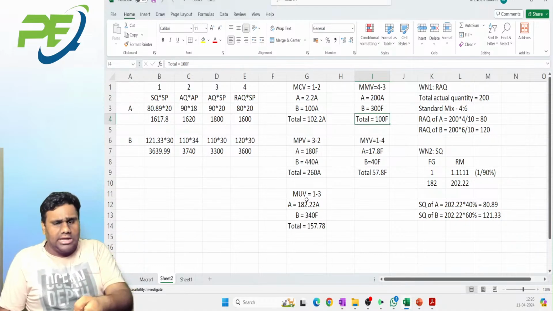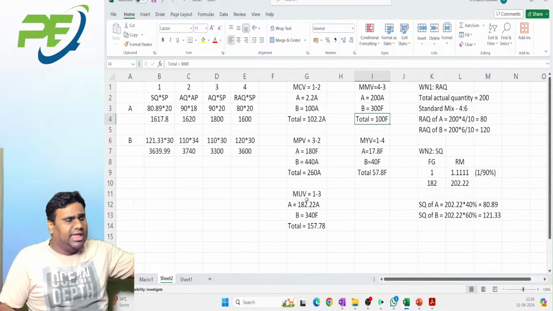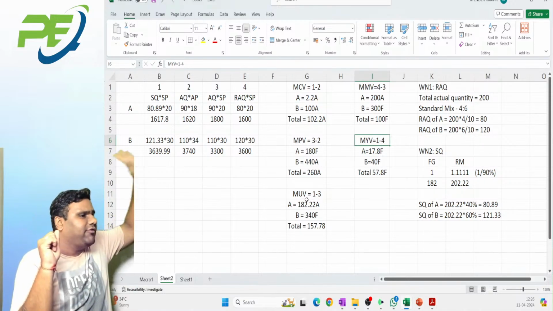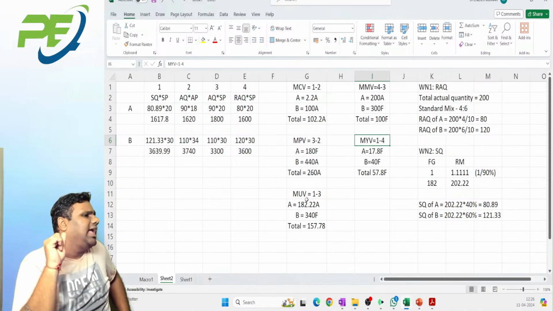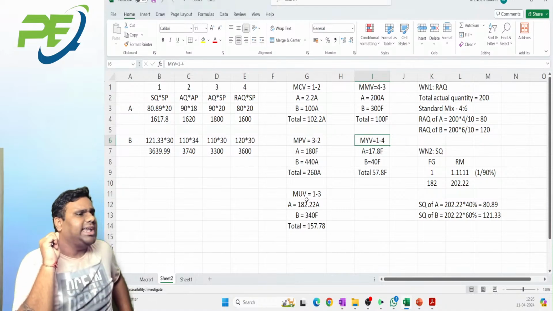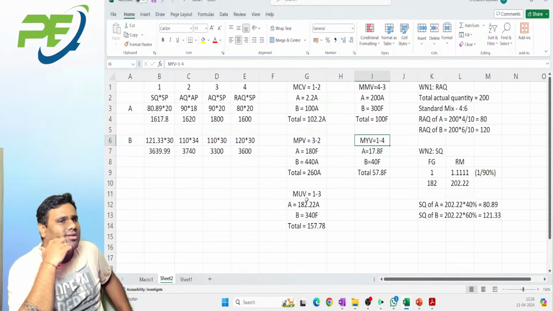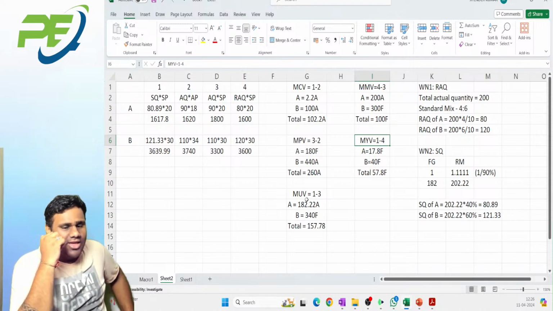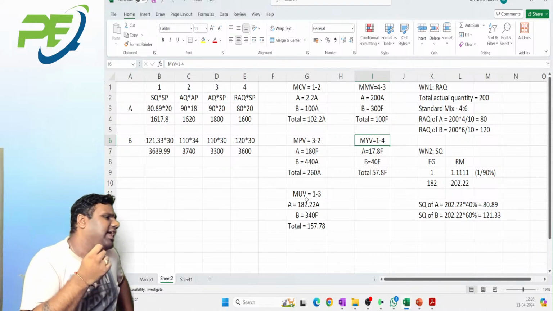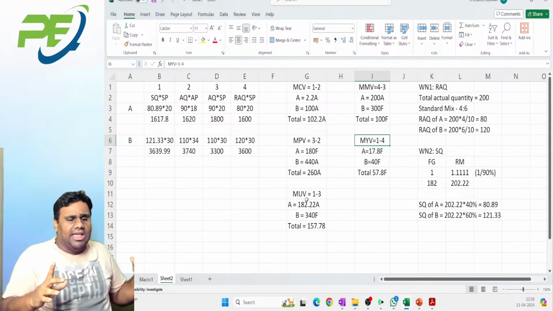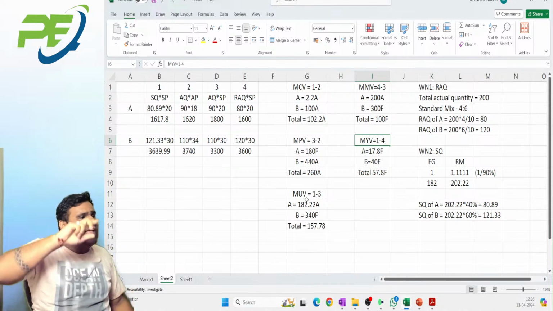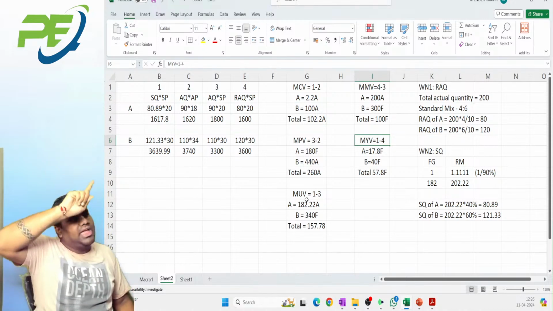So next, yield variance. Yield variance is columns 1 and 4. Price same or different? Price is the same. Quantity same or different? Different, because the first column is standard quantity and the fourth column is actual.